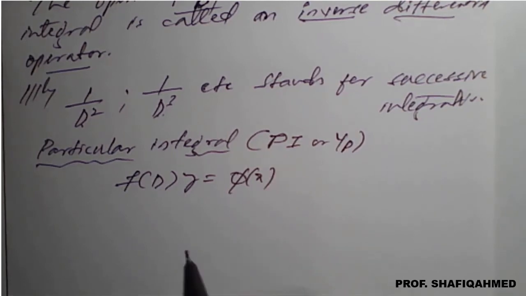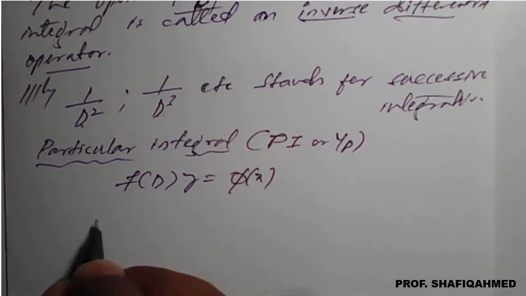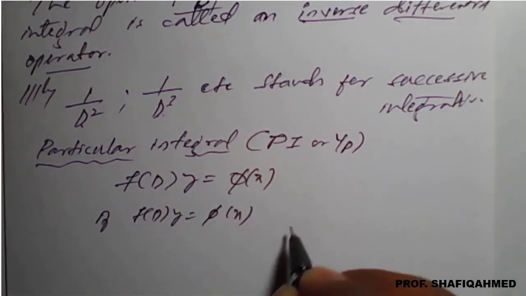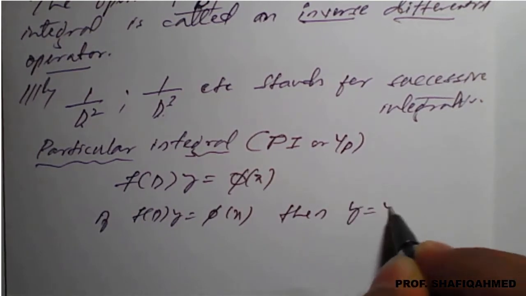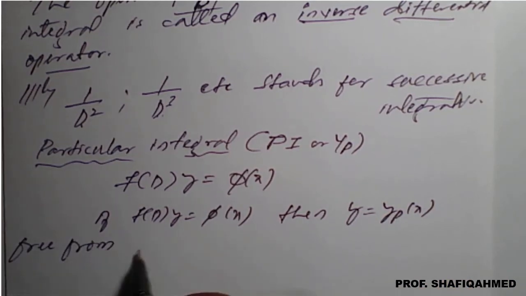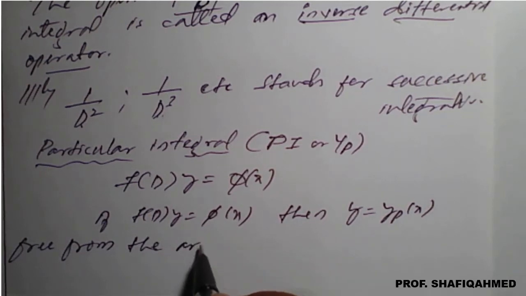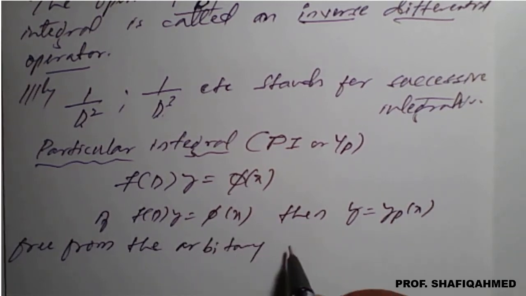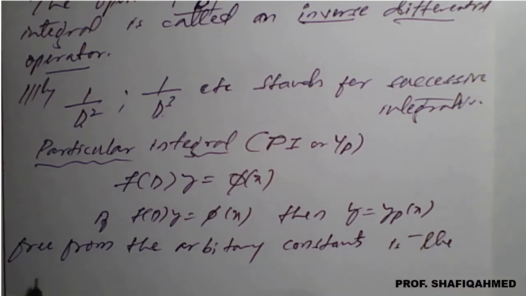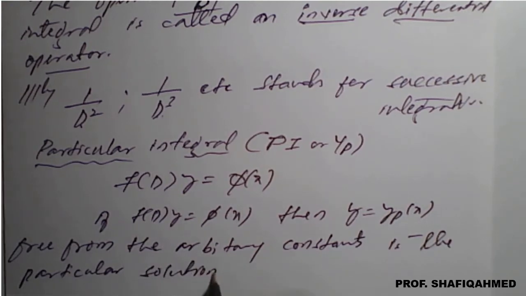Already we have discussed this case, so I can say that if f of D of y is equal to phi of x, then y equals yp of x, which is free from arbitrary constants, is the particular solution, or we call it the particular integral.